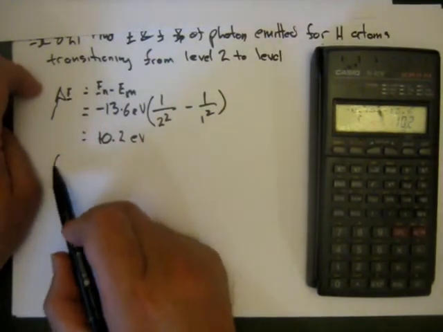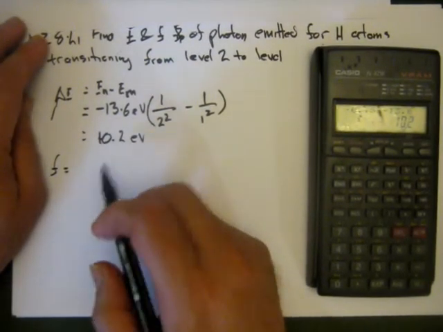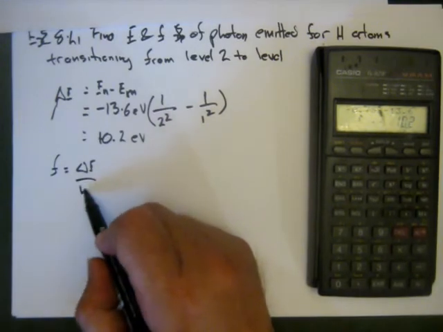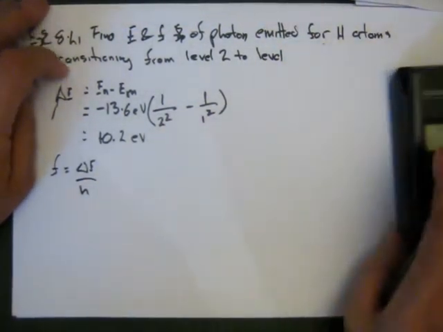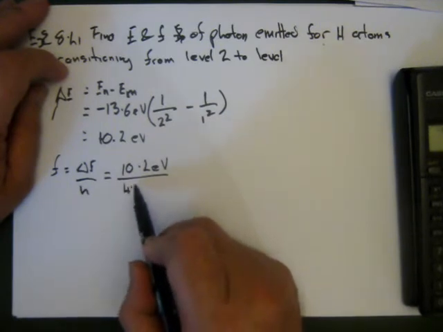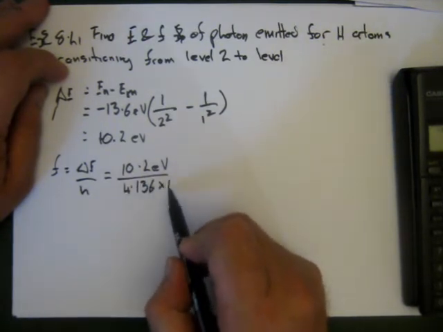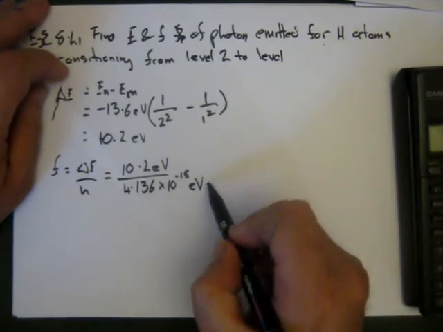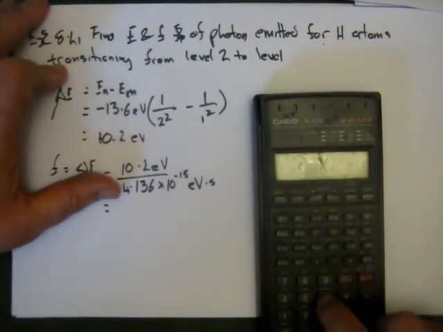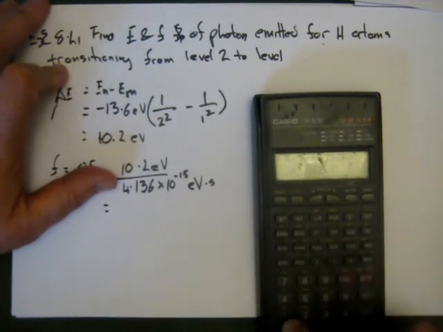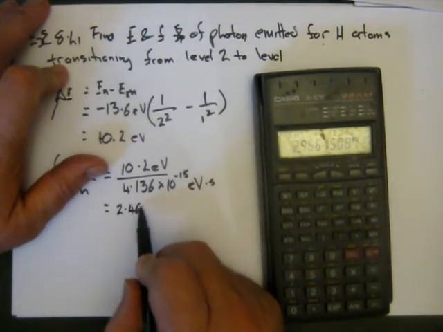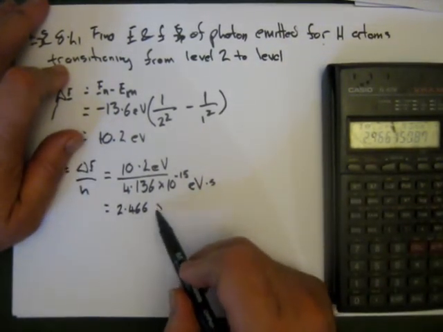What frequency is this going to equal? Frequency is going to equal change in energy over h, which is going to equal 10.2 electron volts over, remember this is going to be in electron volts, Planck's constant 4.136 times 10 to the negative 15 electron volt seconds, which equals 2.466 times 10 to the 15 hertz.